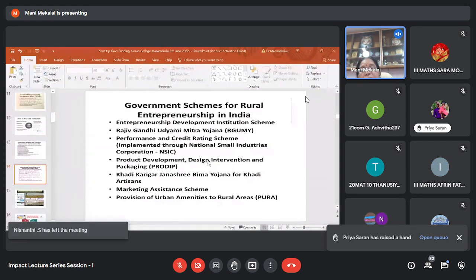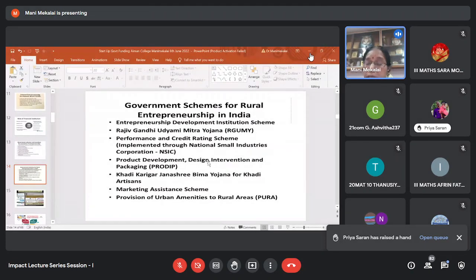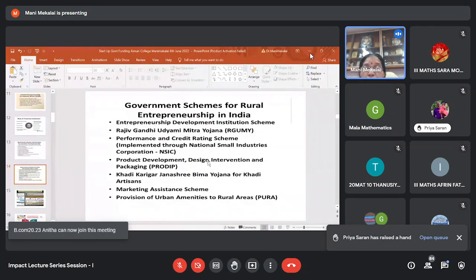Then performance and credit rating. The credit rating scheme is by NSIC, where you have to produce all the papers required in order to be supported for incentives and credit sanctions, and the National Small Industries Corporation will do the assessment. Then product development, design intervention, and packaging.